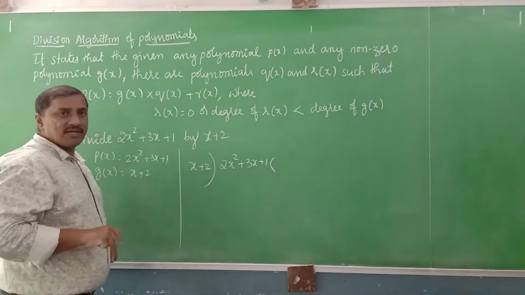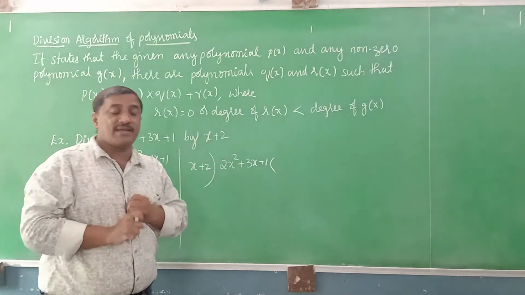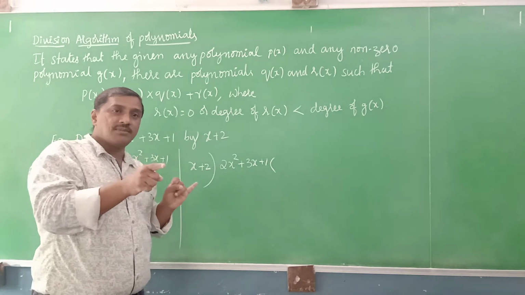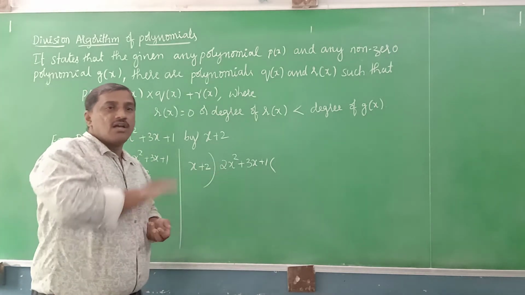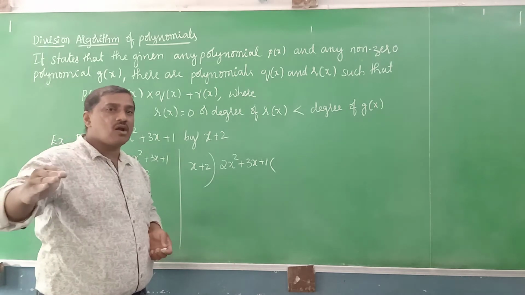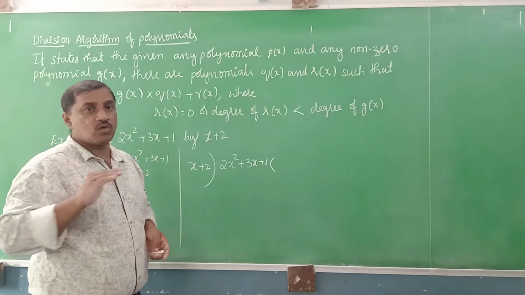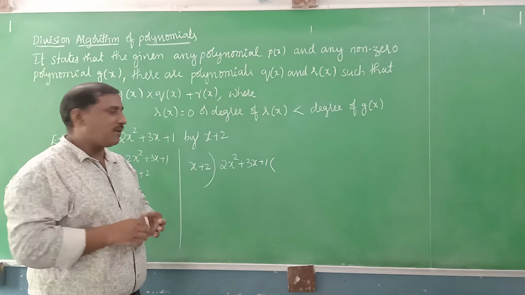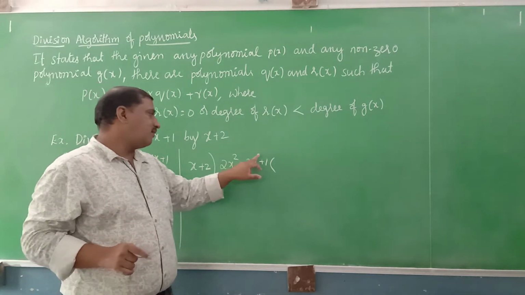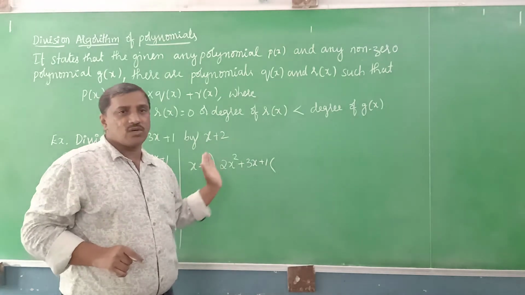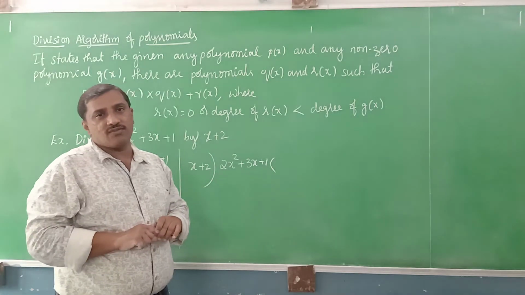Remember, the first and foremost step is that all the terms of both dividend and divisor should be in the decreasing order of their powers. You see here x square has power 2, x has power 1, and the constant has x power 0. It is in the decreasing order of powers.